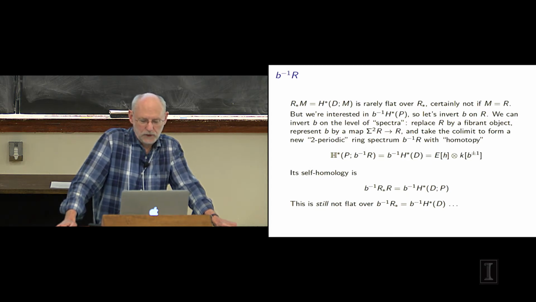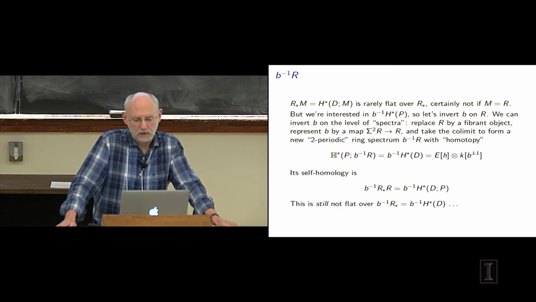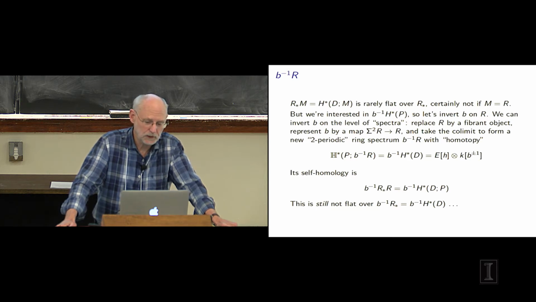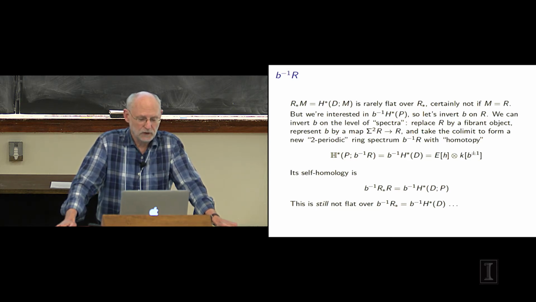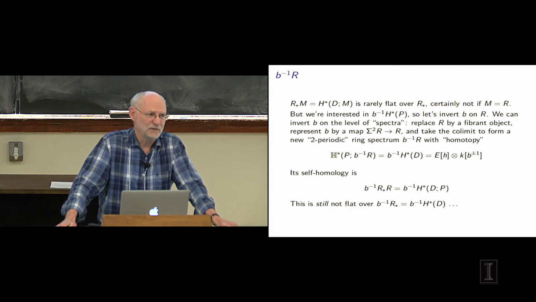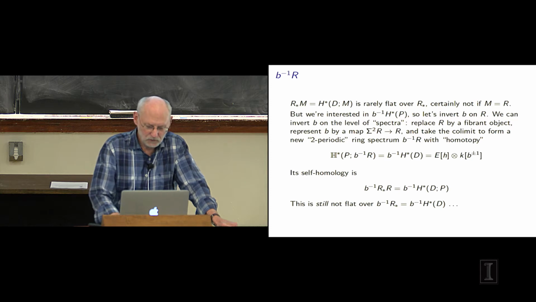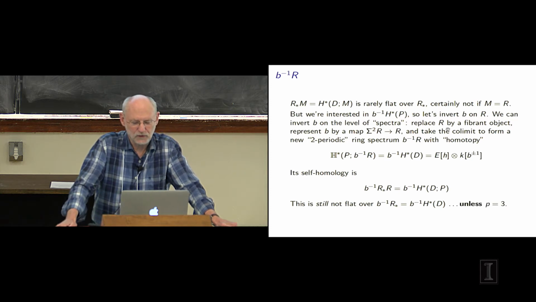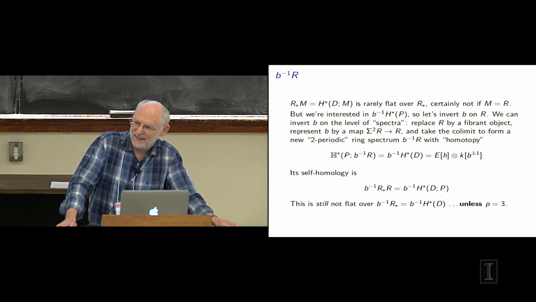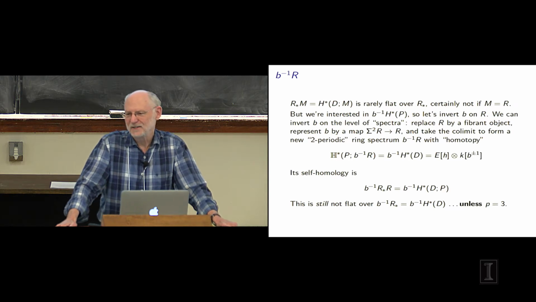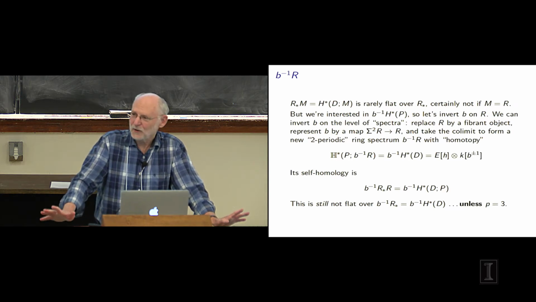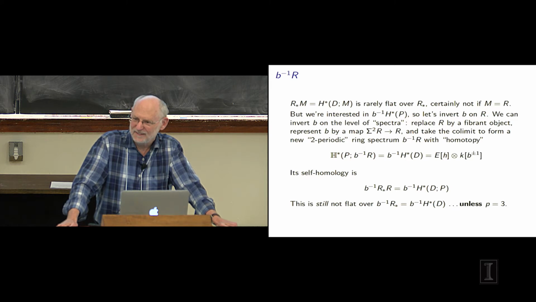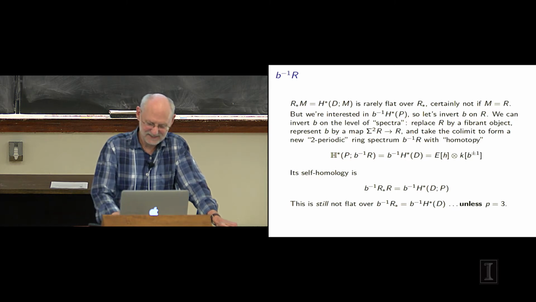And now we can try to look at the self-homology of this new spectrum, which is just the B-local cohomology of D with coefficients in P. And unfortunately, you still get something which is not flat over this localization most of the time. But you do get something which is flat over the coefficients when P is 3. And so for that reason, and some other reasons as well, now I'm going to restrict to the case when P is 3. Okay? 3 is an OK prime.